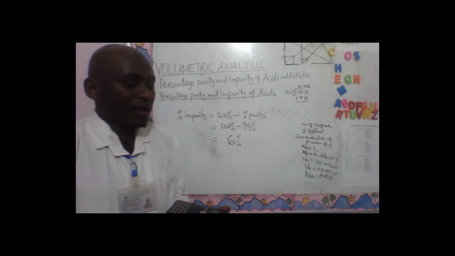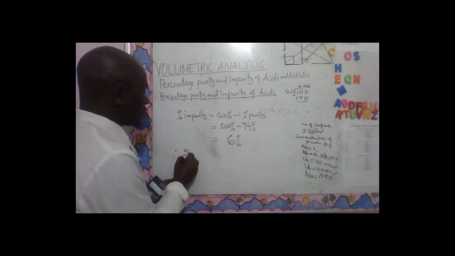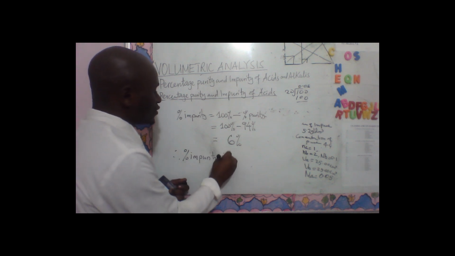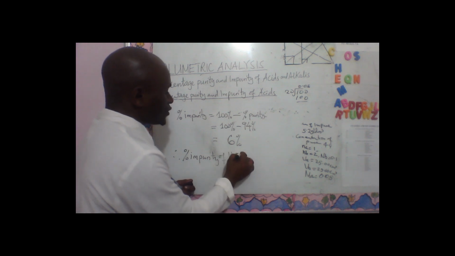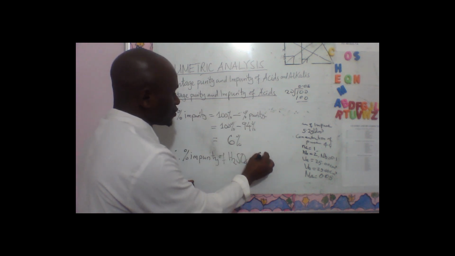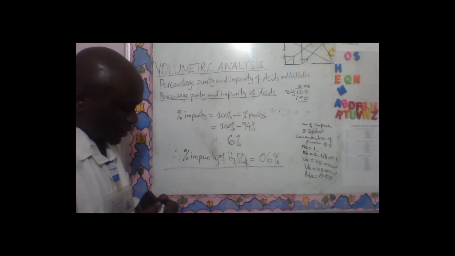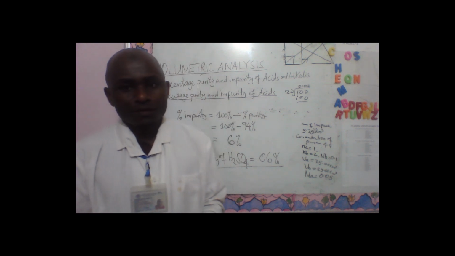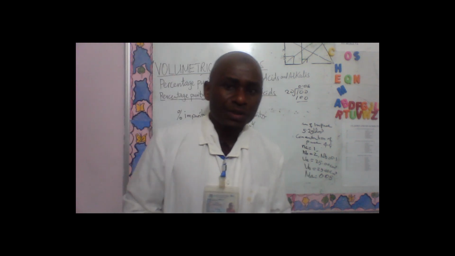So the percentage impurity of sulfuric acid is equal to 6%. This is the percentage impurity of sulfuric acid. So that is how to calculate the percentage purity and the percentage impurity of acids.